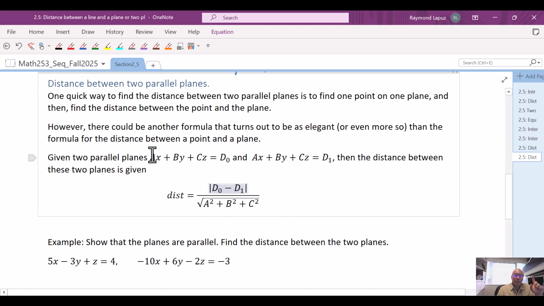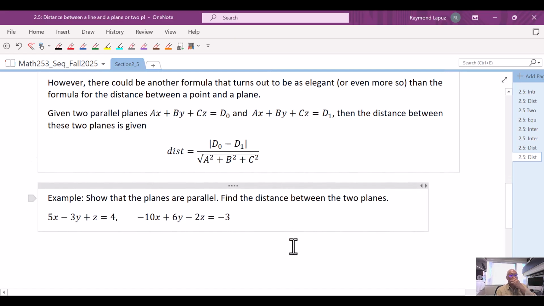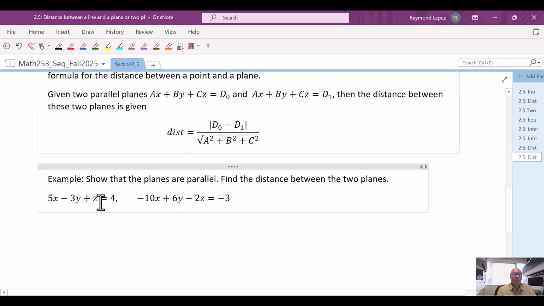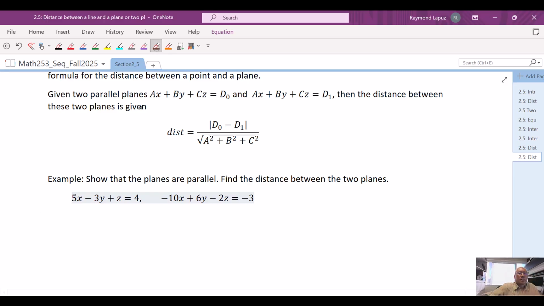But one of the key things is that the normal vectors have to be exactly the same. All right, let's take a look at this example where the normal vectors are not the same, but the problem is still claiming that these two planes are parallel. So let's figure out what the normal vectors are for each of these. The normal vector for this one, let's call this n1, is going to be 5, -3, 1. And the normal vector for this one, n2, is going to be -10, 6, -2.